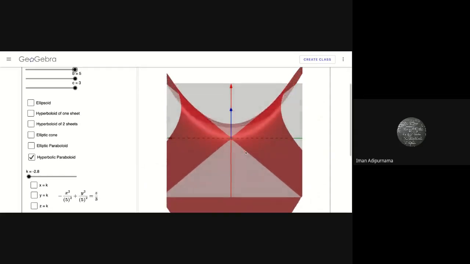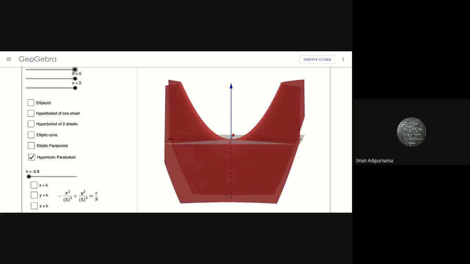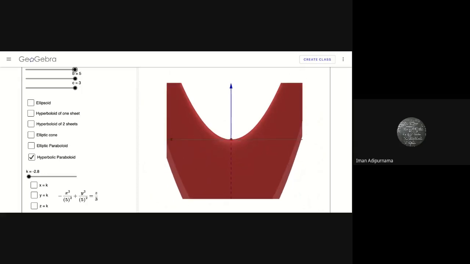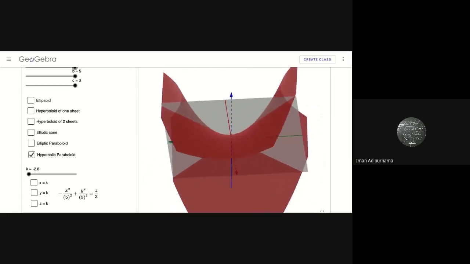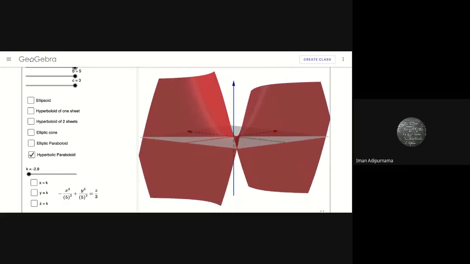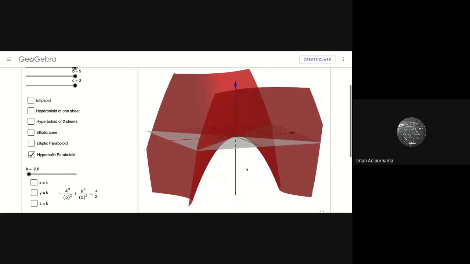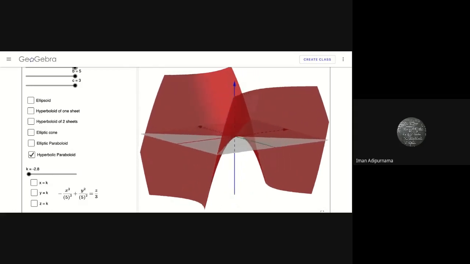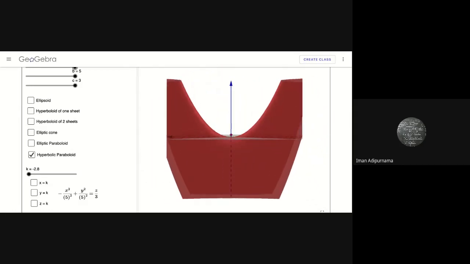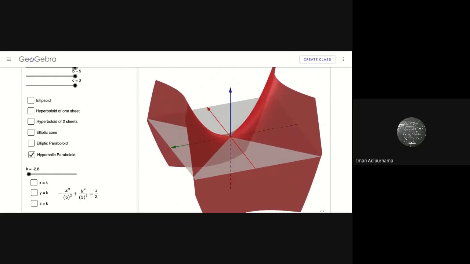But when you look here, the hyperbola is actually in the top one here and down there. So if you rotate that, you will see it also has first the parabola here. You can see parabola, and you can also see parabola here. Okay, so that is the shape.